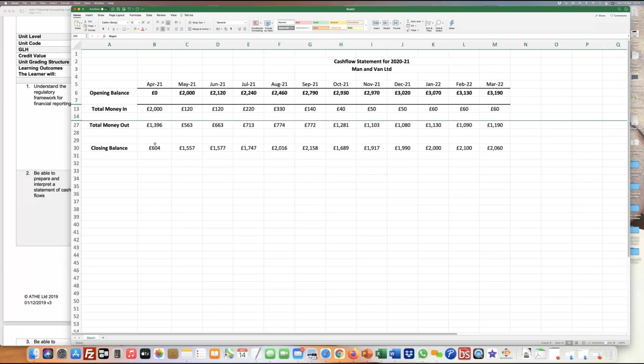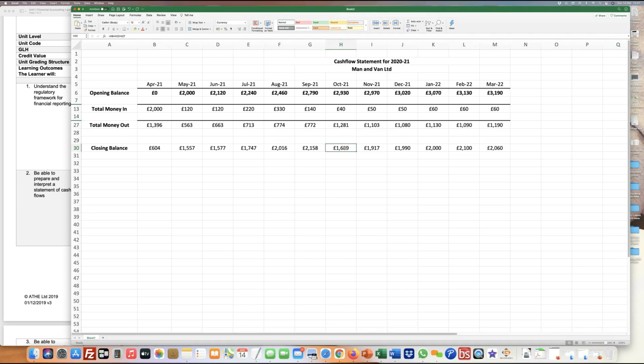Money coming in, money going out, and then the total closing balance at the end of the month actually tells me that the business activities are pretty much stable, and in some months the business is generating more income, and the income is more or less steadily rising, but there are some drops in certain months, like in this month there's a drop, and then it starts to increase again, and that is fine.